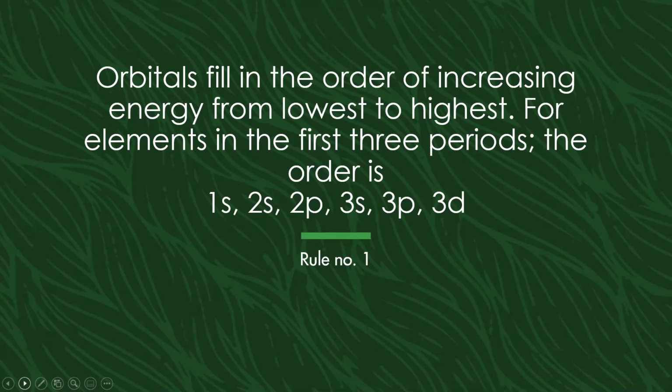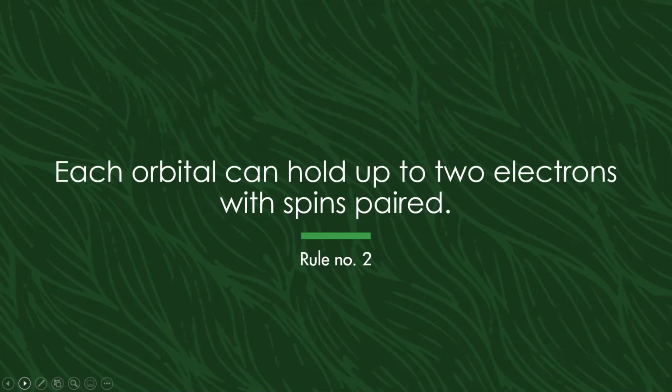So this is rule number 1. How about rule number 2? Each orbital can hold up to 2 electrons with spins paired. This is true with the orbital box diagram of our electron configuration. Later, I'm going to show you what this orbital box diagram is.